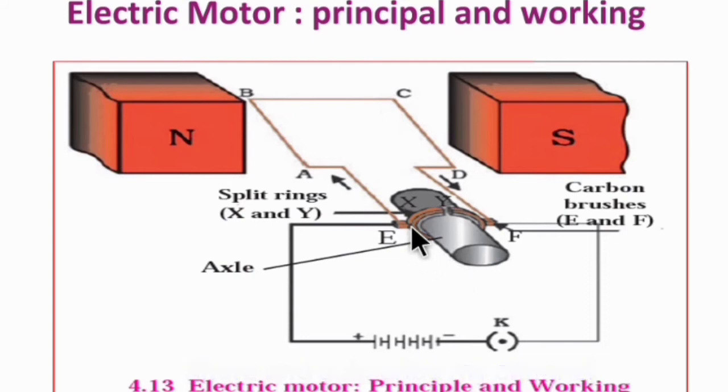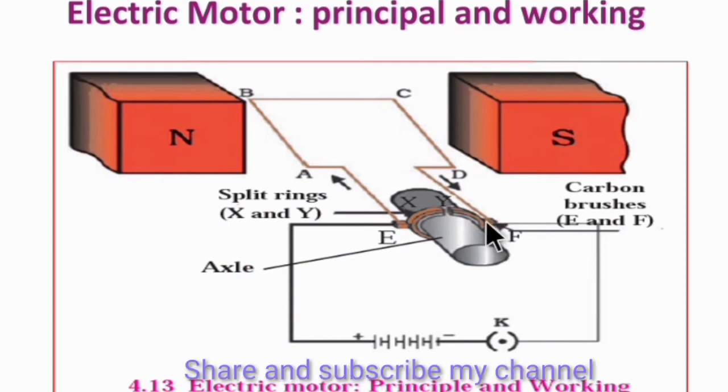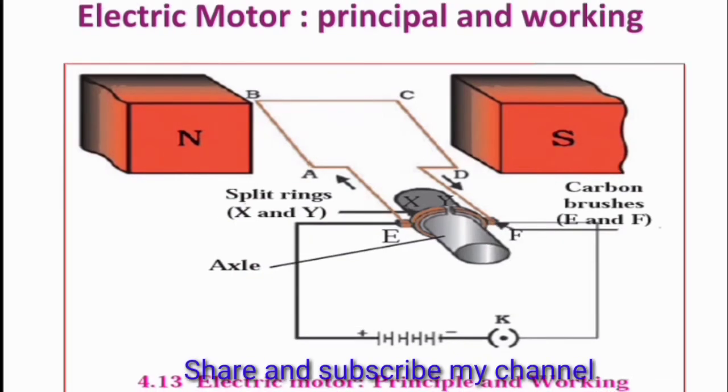Here are the E and F carbon brushes. When the circuit is completed as shown in the figure, the current flows in the branch AB of the loop from A to B through the carbon brushes E and F.